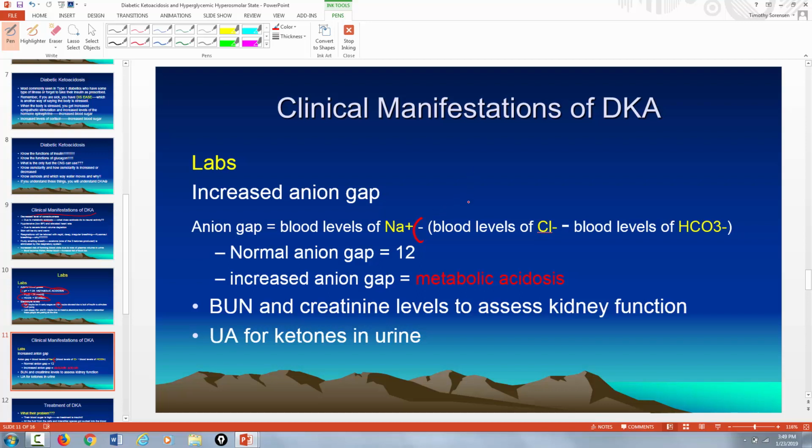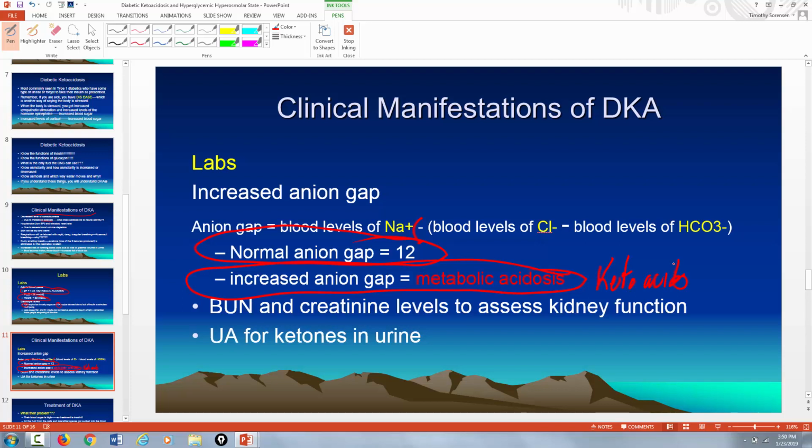So if you take the chloride level and the bicarbonate level and subtract that from the sodium level, you're going to get that anion gap. And the normal anion gap is about 12. But the anion gap is increased in metabolic acidosis, and that is due to the keto acids that are being formed and dumped into the blood.